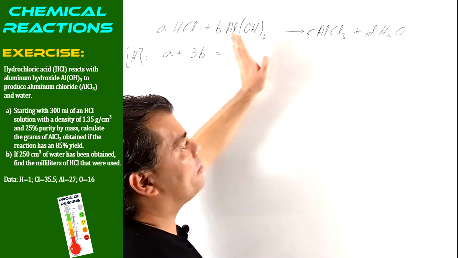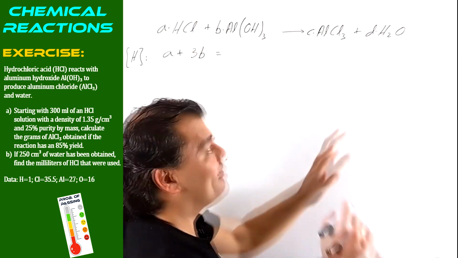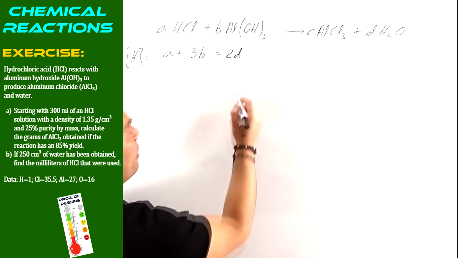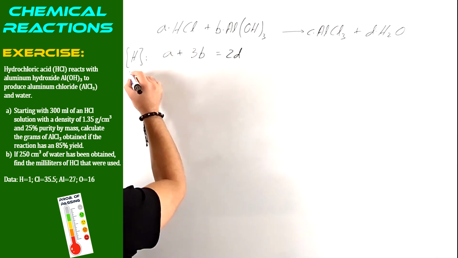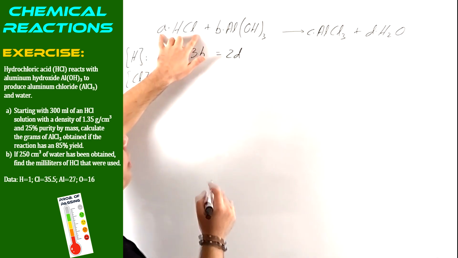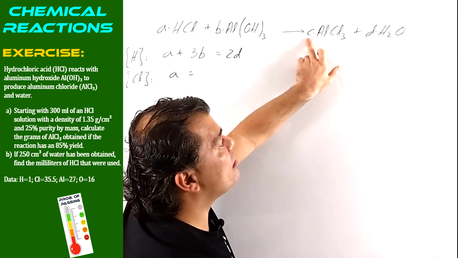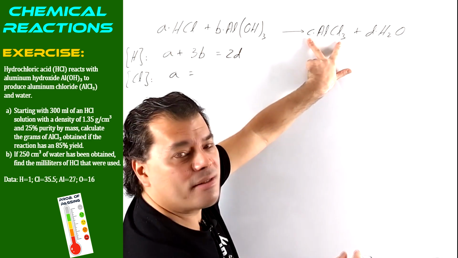That must be equal to the hydrogen atoms on the right side, 2D. Now, let's balance chlorine atoms. A times 1 is A. That must be equal to C times 3, 3C.